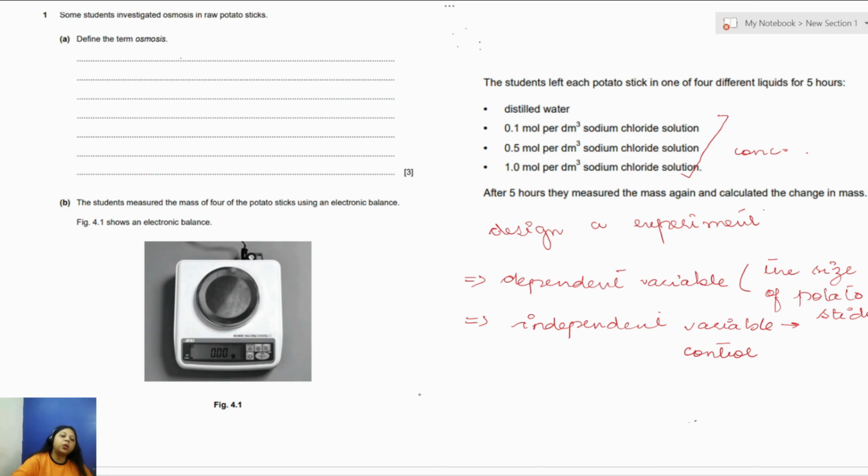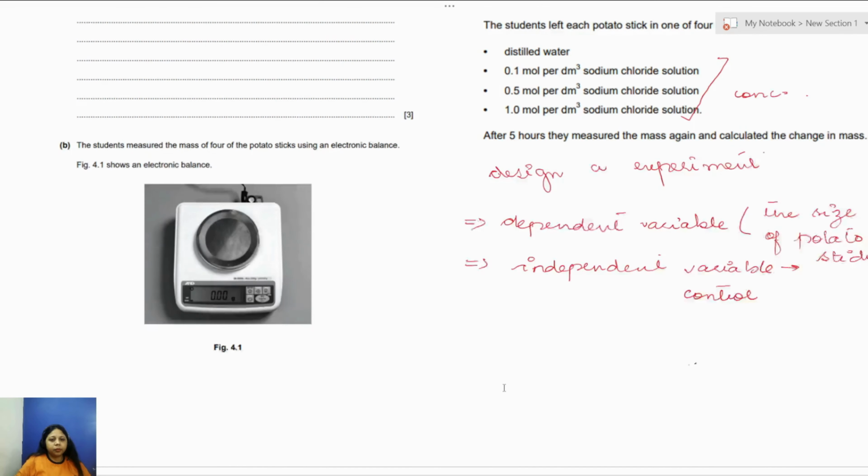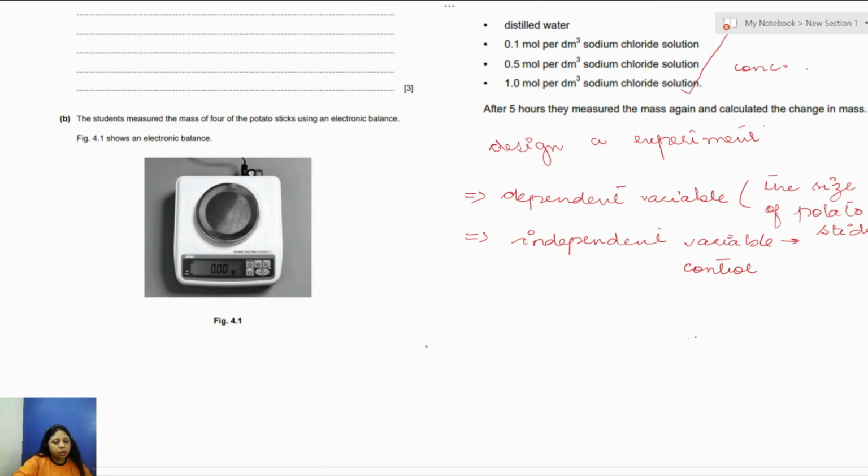So how to write this? Maybe if you increase the temperature, the other thing would decrease.